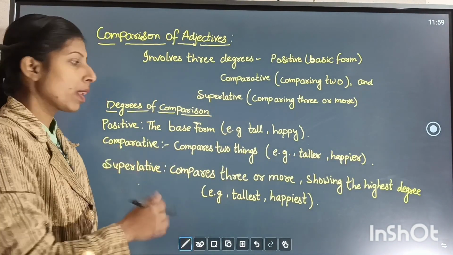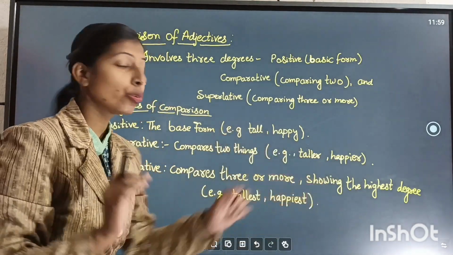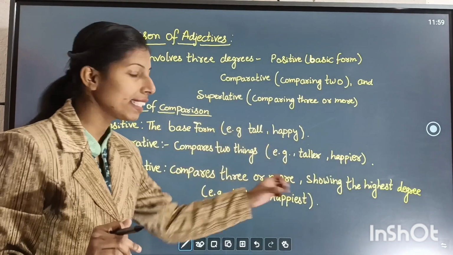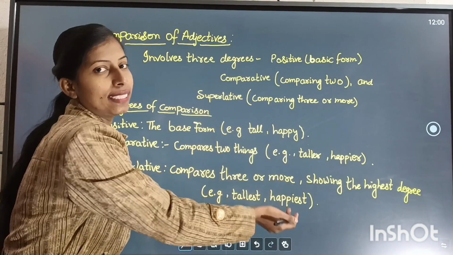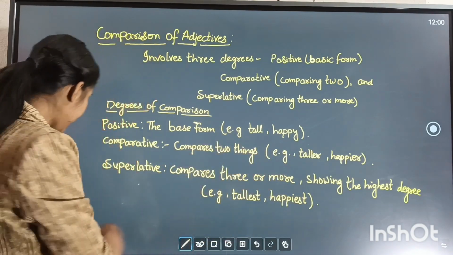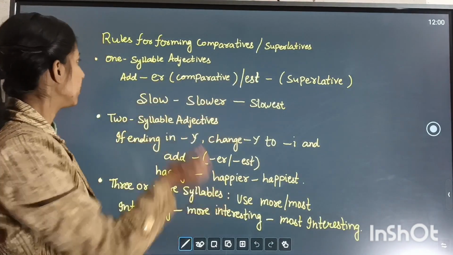Superlative compares 3 or more, showing the highest degree. When the word shows the highest degree, we call that the superlative degree. For example, tallest, happiest.